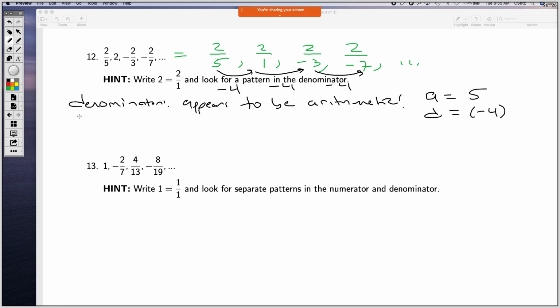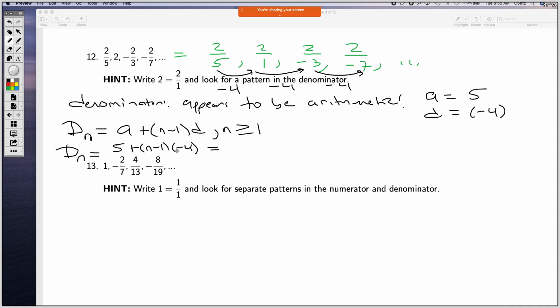So if I let d sub n be the denominator sequence, it's going to be a plus n minus 1 d for n bigger than or equal to 1. So my denominator sequence would be 5 plus n minus 1 times -4. And if I work that out, I'd have -4n plus 4 plus 5, which is -4n plus 9.